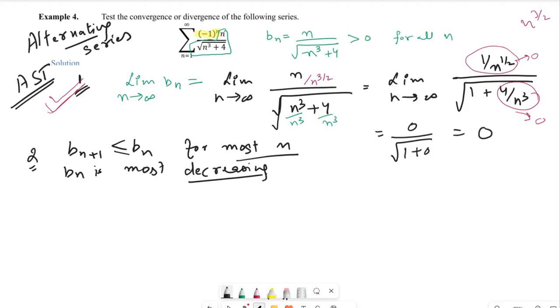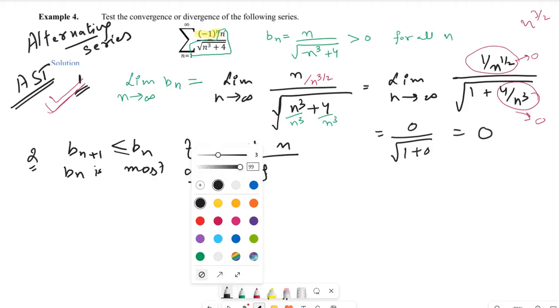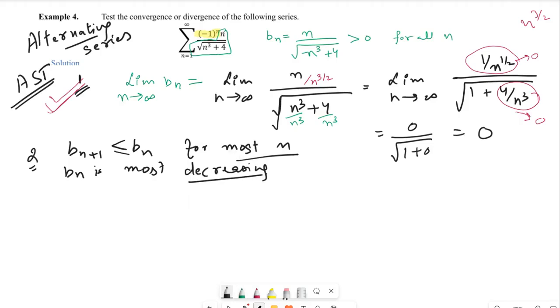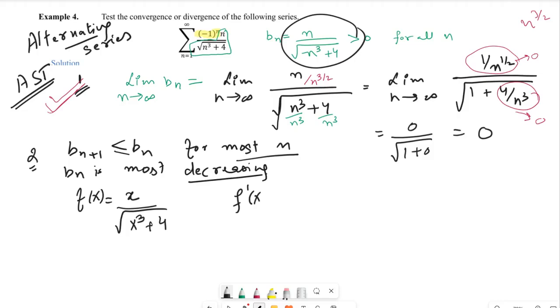So for sufficiently large values of n, Bn is decreasing. To prove the decreasing part, I will write Bn as f of x. So this has to be written in f of x form. This will look like this. I'll find the derivative of this, and if I can prove the derivative is negative for most x values, then we should be good. So negative derivative means this is decreasing.